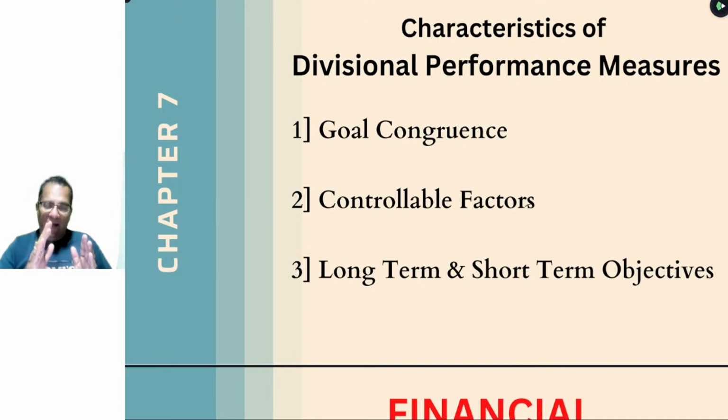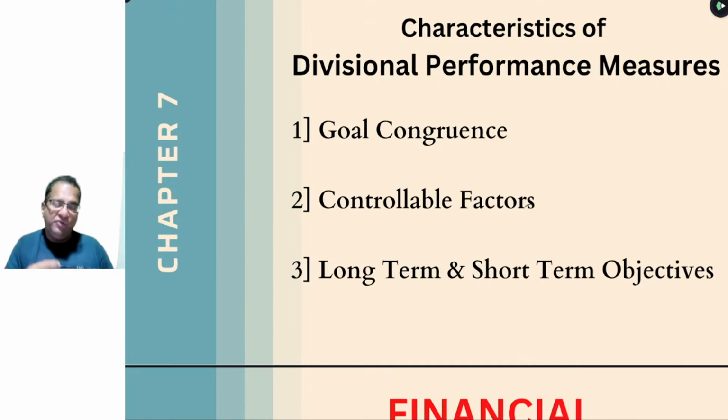So every cost is controllable from the viewpoint of the organization. The controllability and the uncontrollability is from the viewpoint of a particular department. If the incurrence of that cost is within the hands of that particular department, that is known as controllable cost.